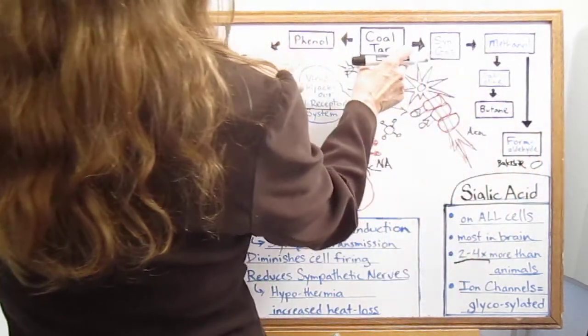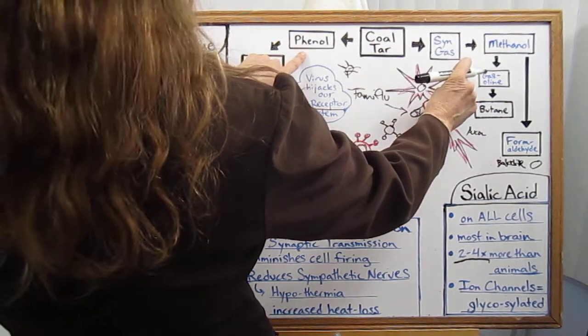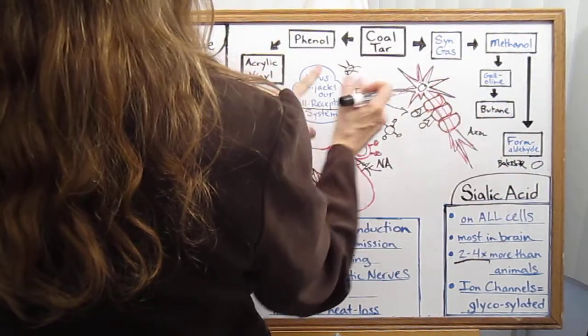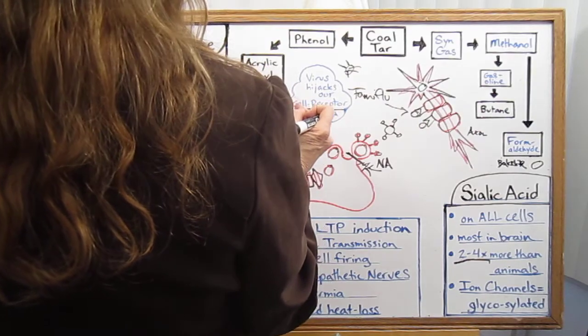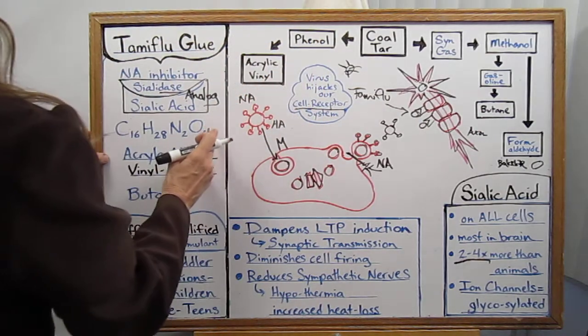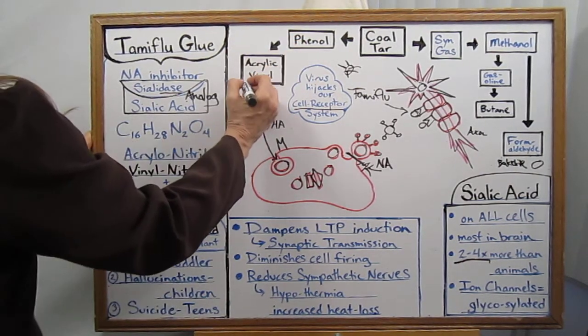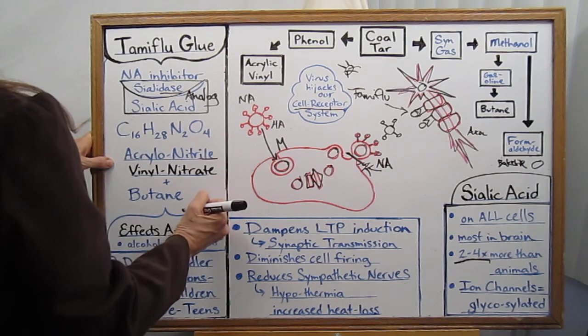And it starts with coal tar, goes into creosote, and this goes into synthesis gas. And these two extremes combined create a lot of plastics. So in this particular product, they are taking a derivative of phenol, which are acrylics and the vinyls.